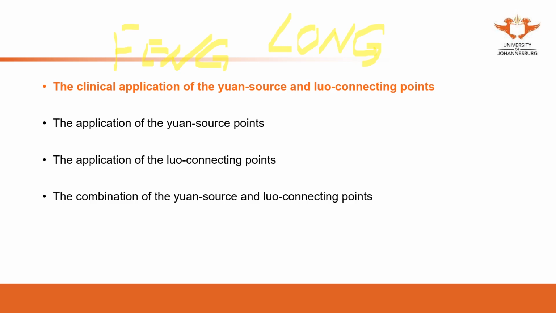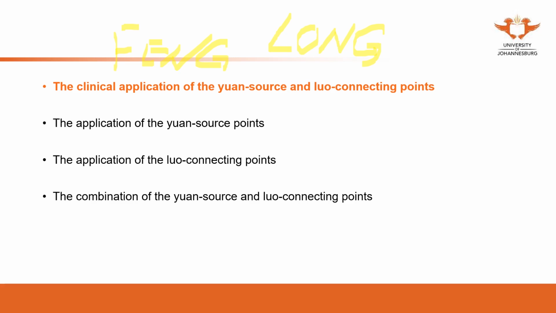The patient suffers from coughing, tachypnea, chest oppression first, and then abdominal pain and diarrhea or constipation. So in the treatment, I'm going to choose the Yuan source point of the lung meridian, the hand taiyin, and then accompanied by the Luo connecting point of the hand yangming, the large intestine.